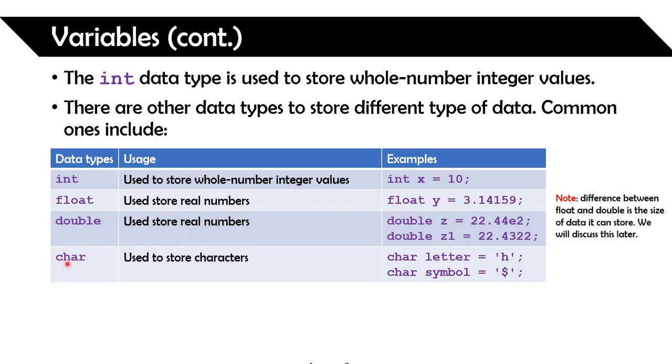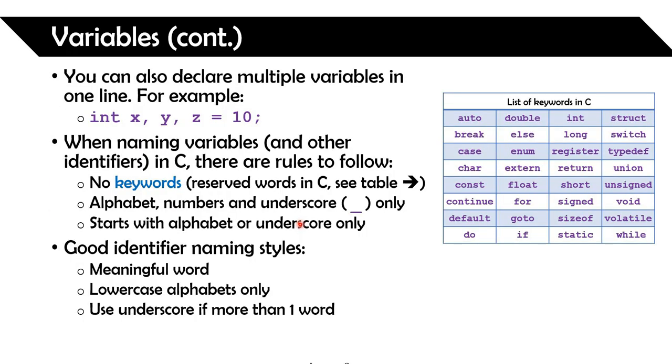Char, just like how one of you said, you can use to store characters. So char means you can put one letter, or you can put one whole word also. Is it okay? So integer, float, double, and character. So these are the various data types.